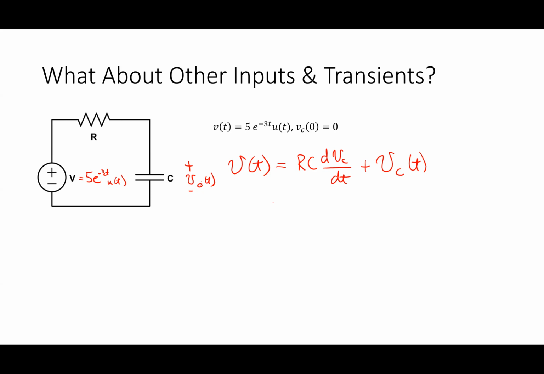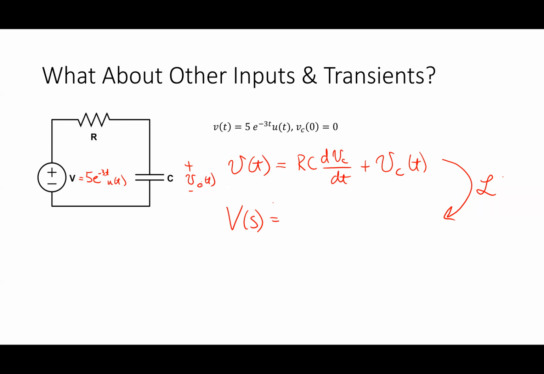If I solved this, I would convert it into the Laplace domain and say that this becomes V of s, the Laplace transform of V of t, equals... what do I do with the side with the derivatives on it? How do I Laplace transform that? The constants go out front and the Laplace transform goes around the derivative of the variable.